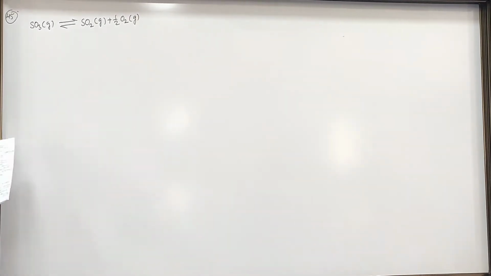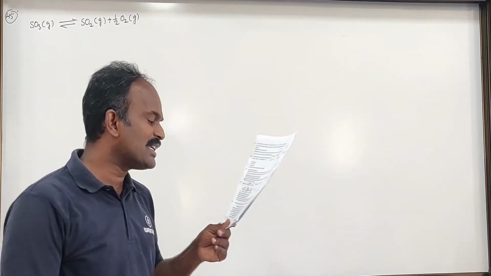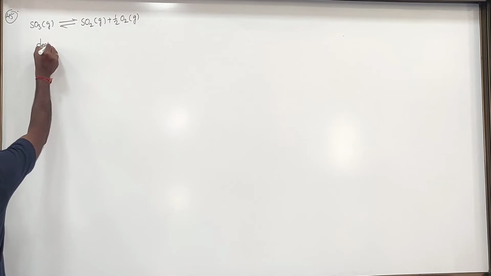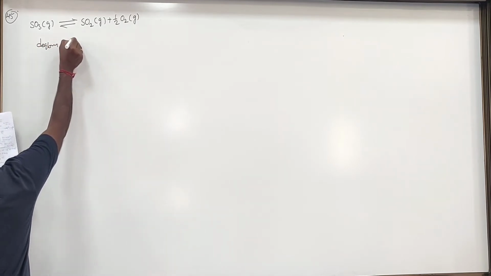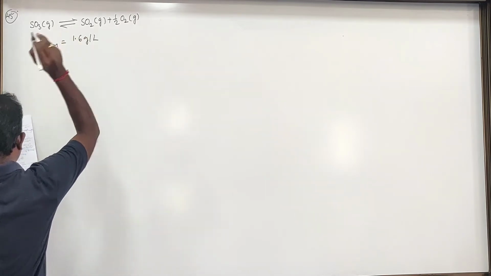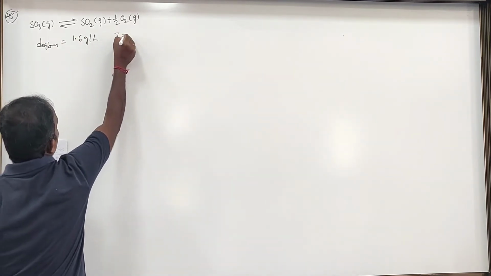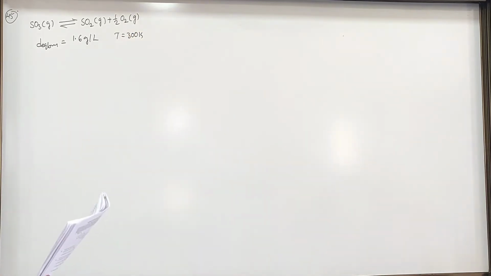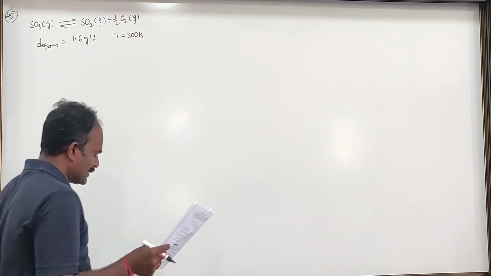Which of the following conclusions can be made using the data given? Equilibrium density is 1.6 grams per liter and temperature is 300 Kelvin. This is the data that they mentioned.